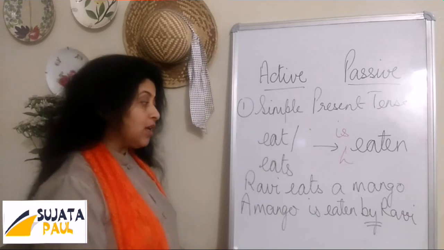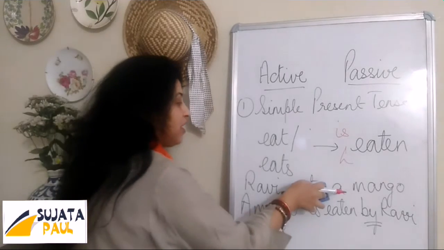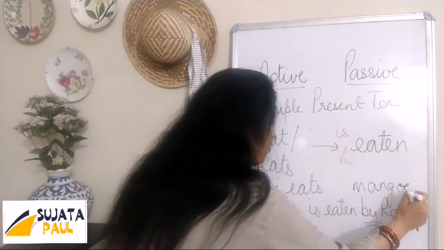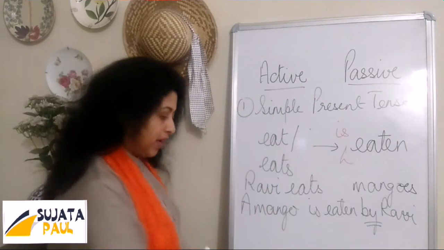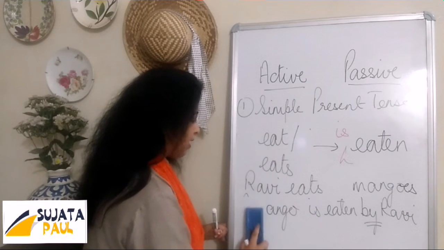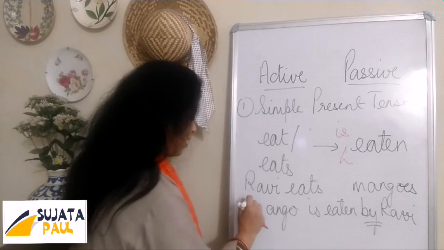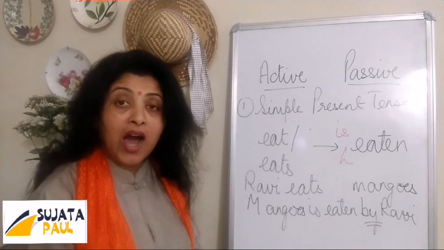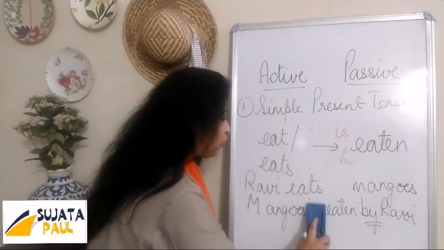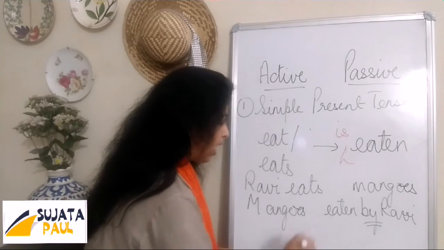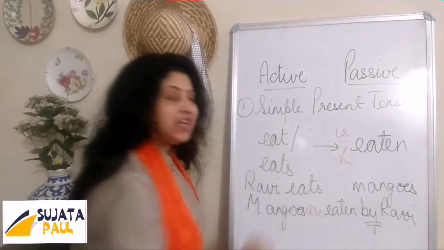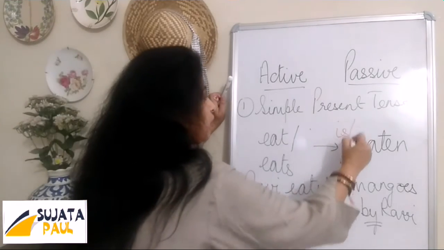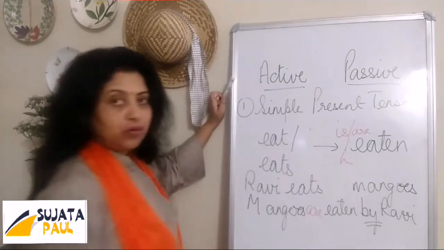Now supposing this was Ravi eats mangoes, then what would it be? This would become mangoes is eaten or are eaten. So mangoes are eaten by Ravi. So this means here I could have are also.